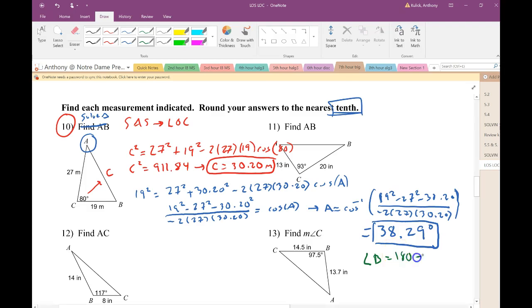So I can do 180 minus 80 minus 38.29. And that gives me about 61.71. And I guess I keep rounding to not far enough, but whatever. Everybody's okay there.